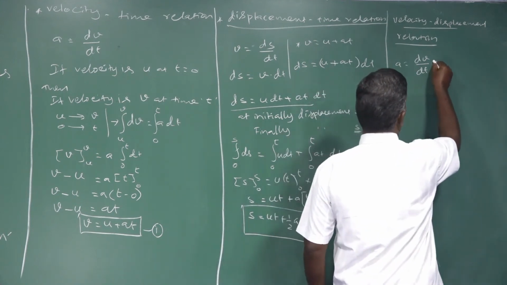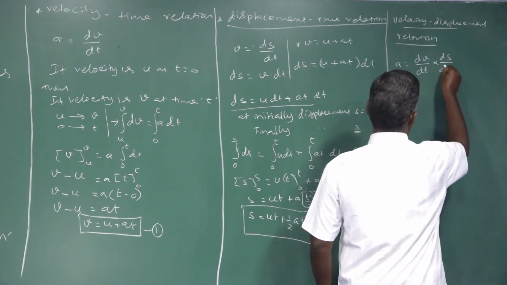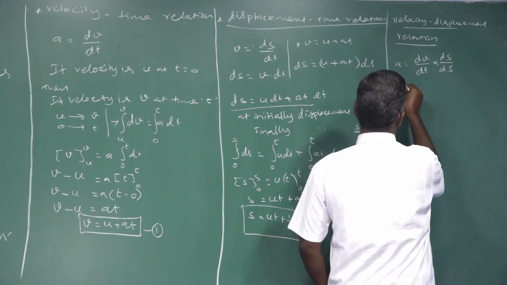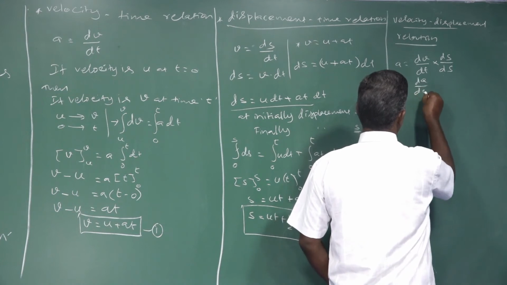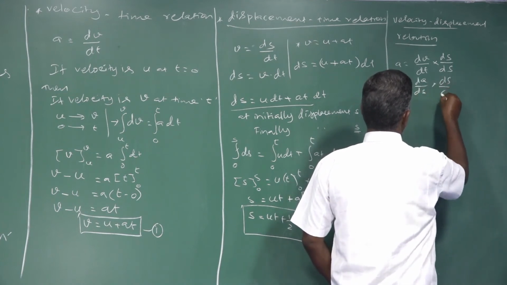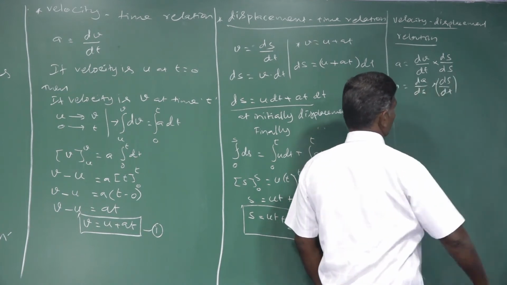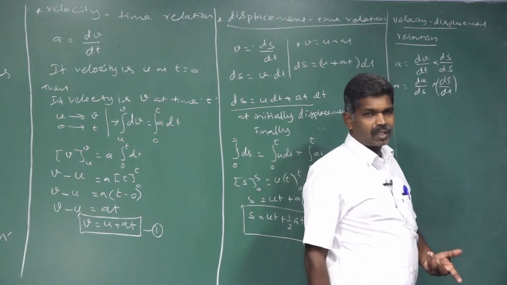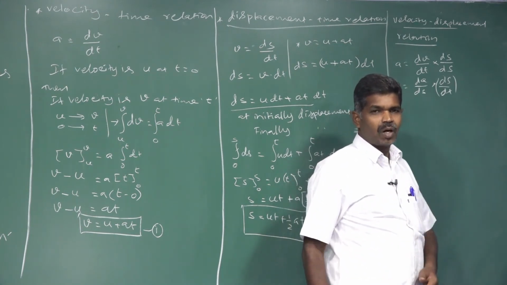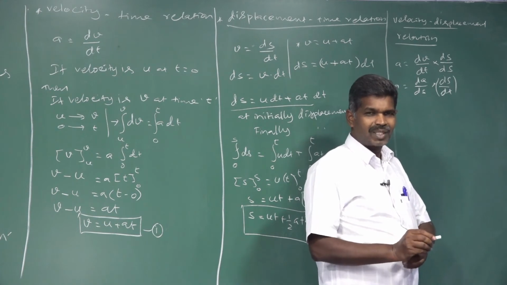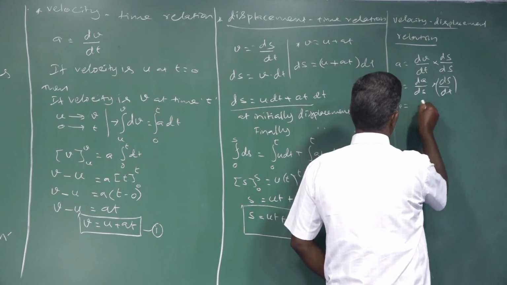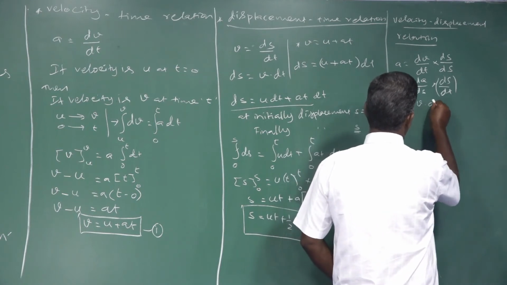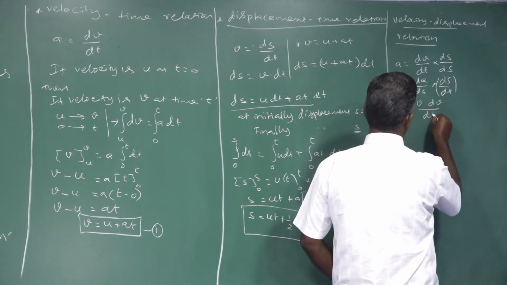That's why we multiply by ds divided by ds. So here we are rearranging that as dv/ds into ds/dt. We know that ds/dt is nothing but the first derivative of displacement with respect to time, that is nothing but velocity.